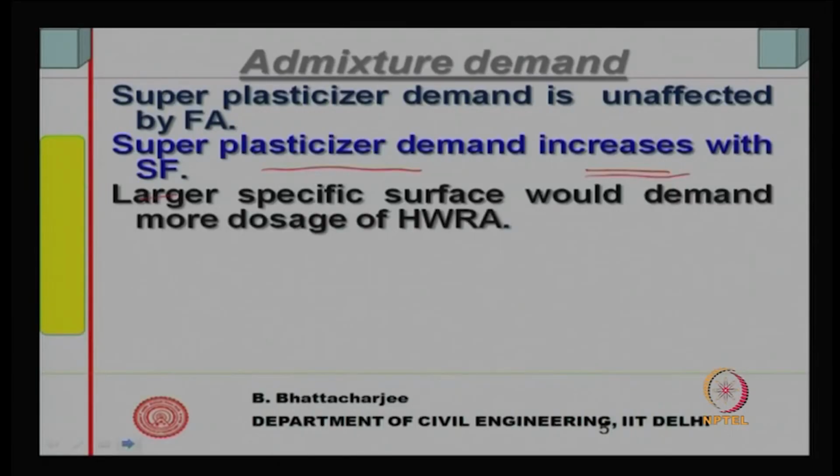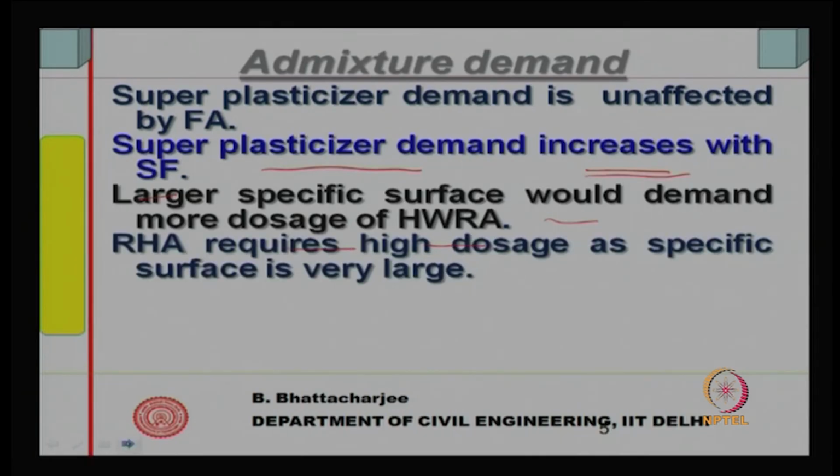Since their surface area is large, they can consume more superplasticizer. A larger specific surface would demand a higher dosage of high range water reducing agent.